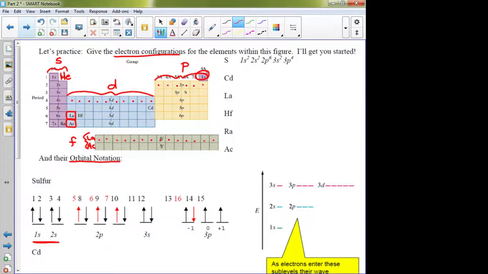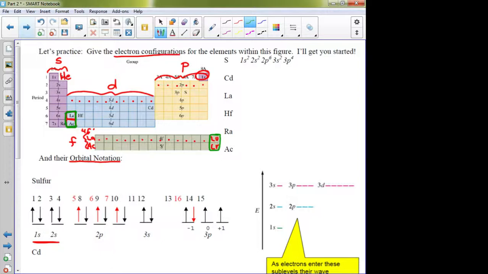So LA would be 4F1, even though it's written up here in this D column. Do we see that? And then the last two that they write in your F column, this is LU and this is LR. Technically, these two right here should be right here.